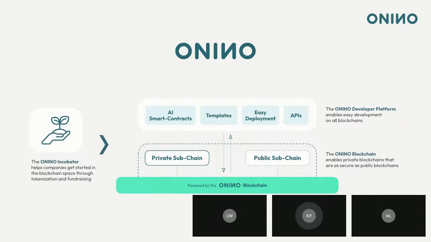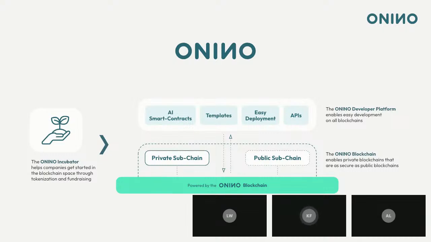And third, we also have the Onino Incubator, which is a mixture of a service and a product where we accompany companies and startups along the whole process of tokenization, right from the start until the end. We start with an evaluation of if and how it could make sense to tokenize aspects of the customer's business. Then we help by designing the tokenomics and the token economic system around that, to have a sustainable economic model behind it, and to ensure that the token actually has a purpose and is long-term successful.